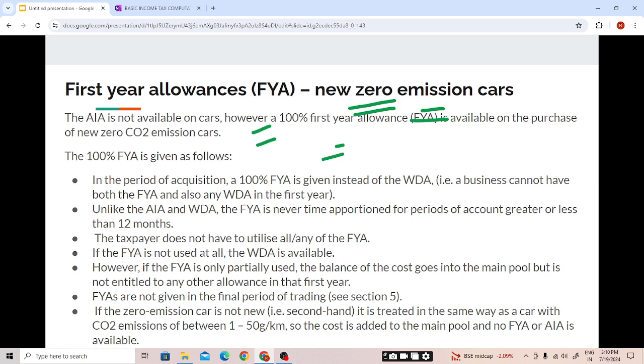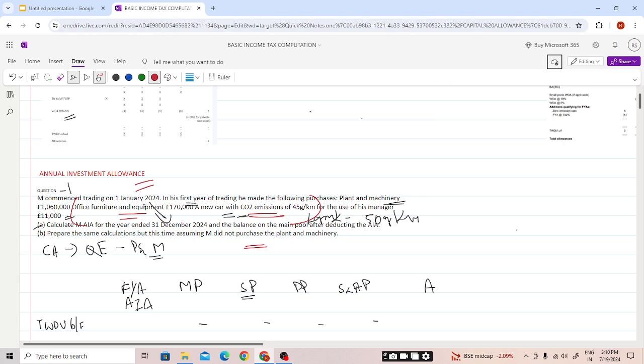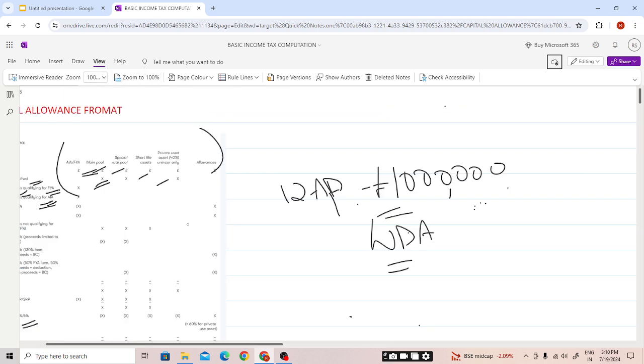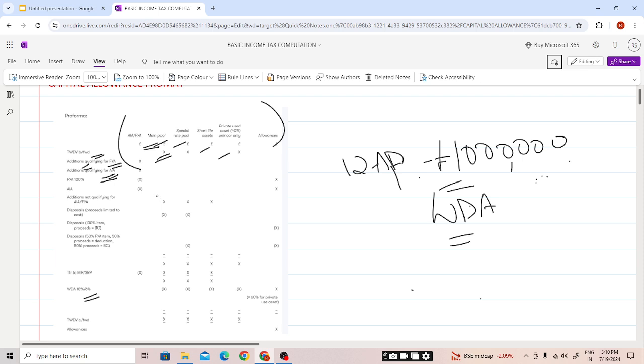So students, if we were able to claim here only 80% of FIA, then the 20% will be eligible for WDA, but in that year we will not calculate it. So the additions not qualifying for FIA will be written down, so that we do not calculate the WDA.